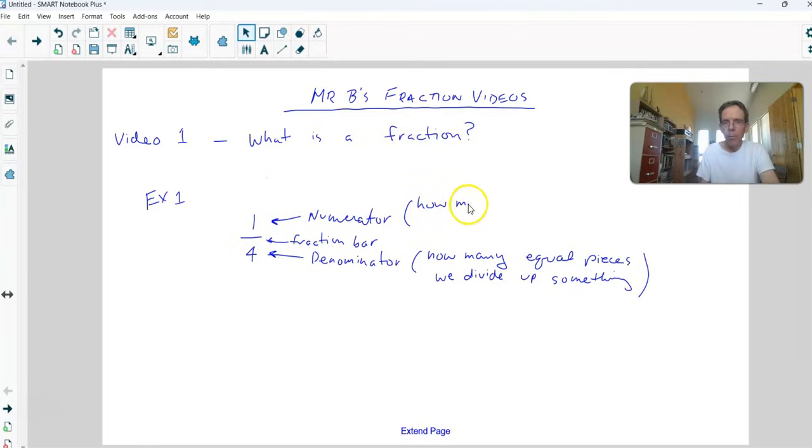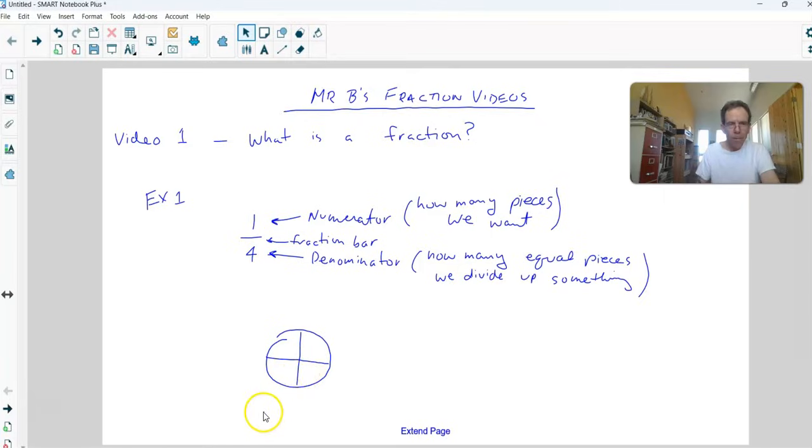So how many pieces we want? Okay, let's just do this visually. Here's a pie or a circle or something like that. I think a pizza or something.